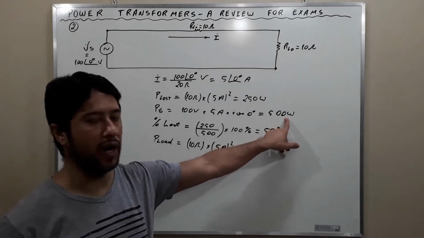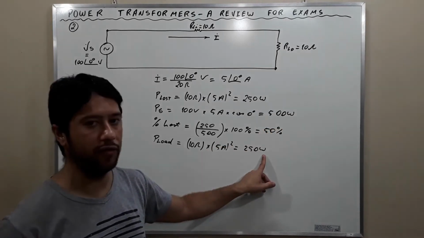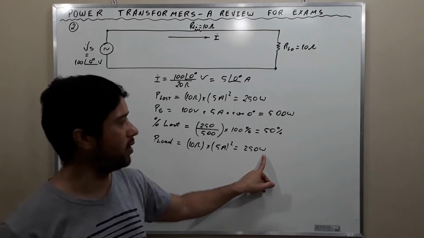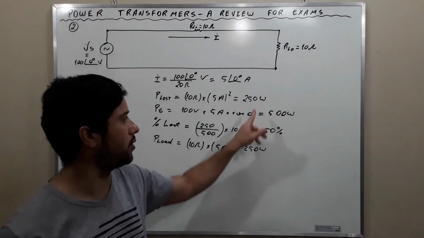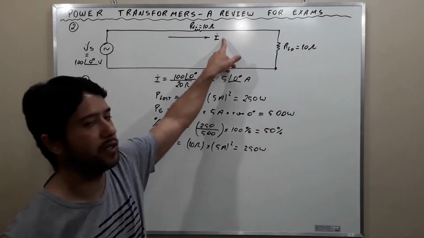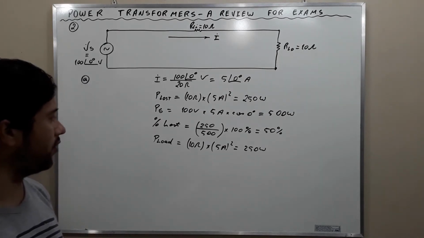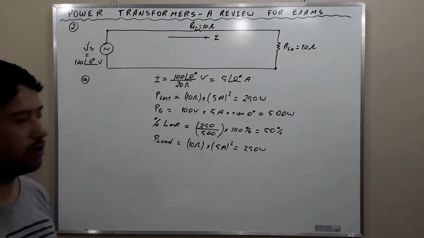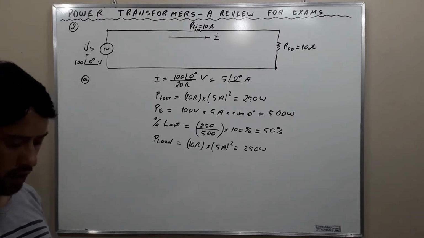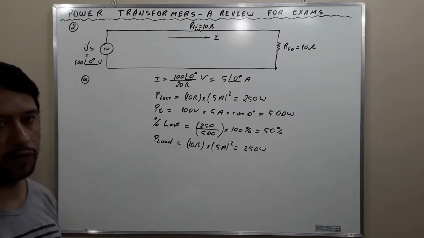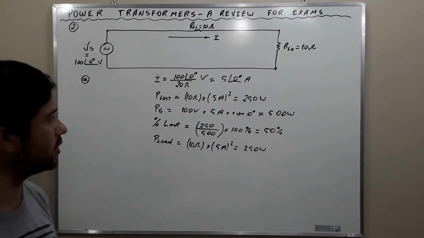Of the generated power, only half of it is being delivered to the load. The other half is being lost in transmission, okay? This is the result that we wanted to find to assess the importance of transformers for power systems.